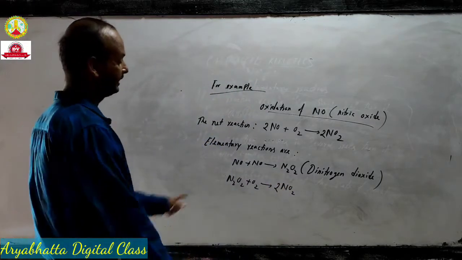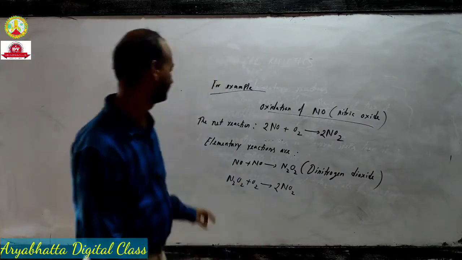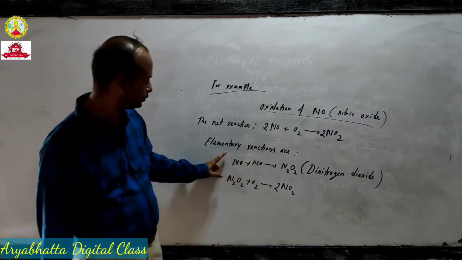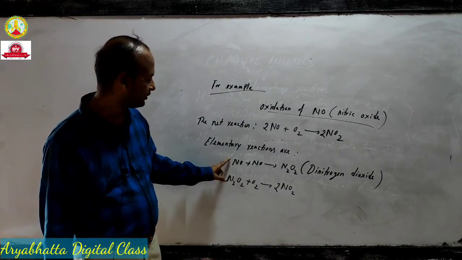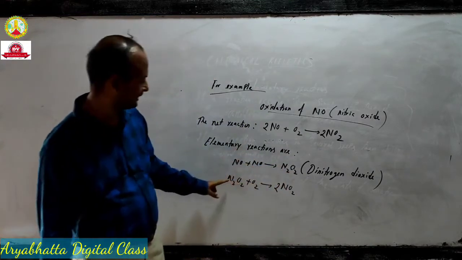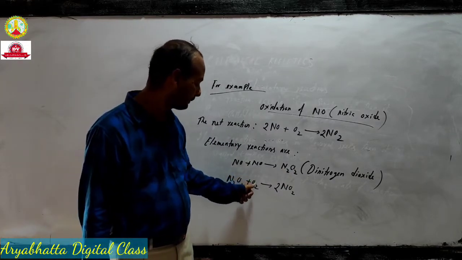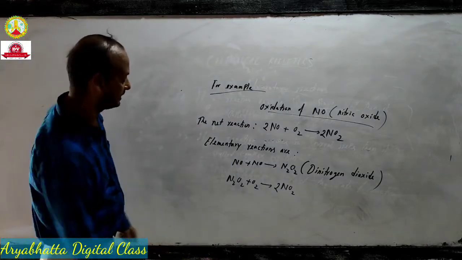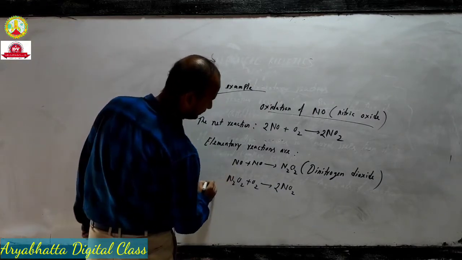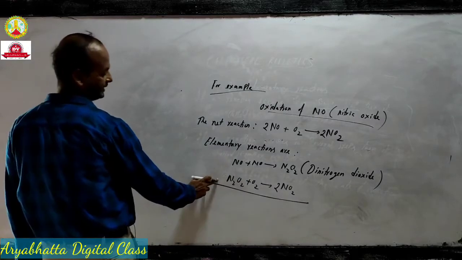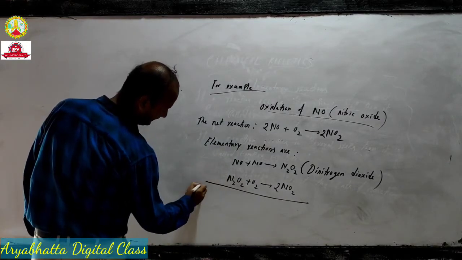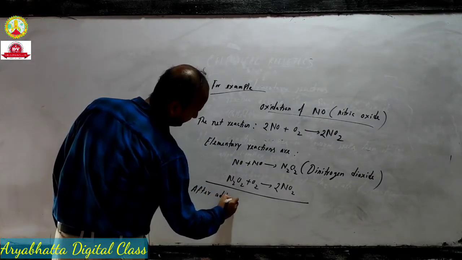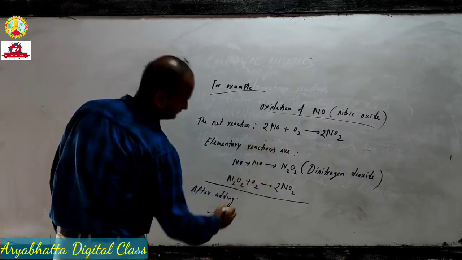This is a complex reaction consisting of these two parts. NO plus NO gives N2O2. After that, N2O2 reacts with oxygen to give 2NO2. If you add these two reactions, the first and the second, you will get the net reaction.